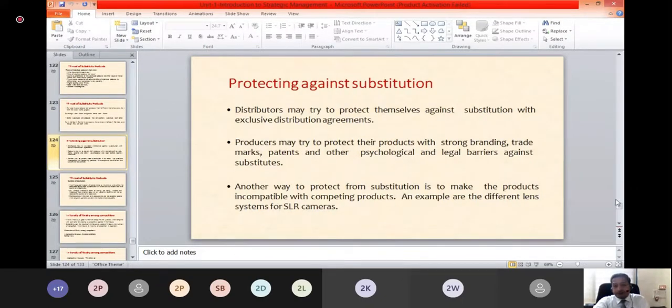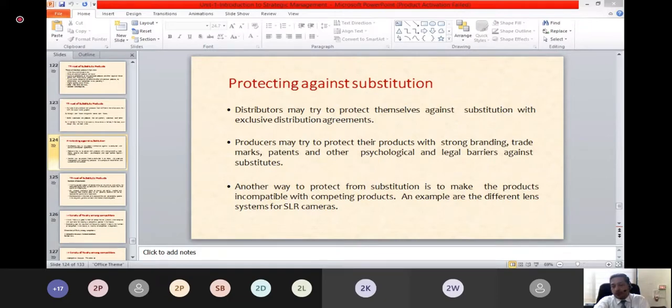So going ahead, how do we protect our company's products from substitution? What are the different ways? First of all, distributors may try to protect themselves against substitution with exclusive distribution agreements.